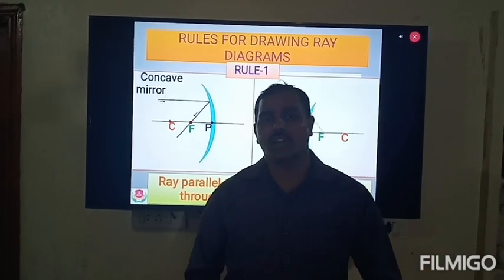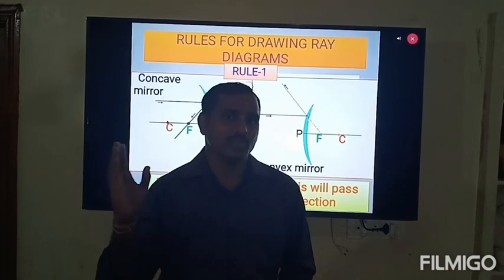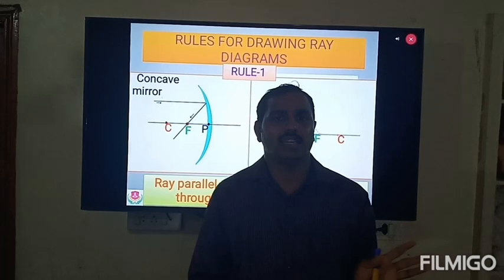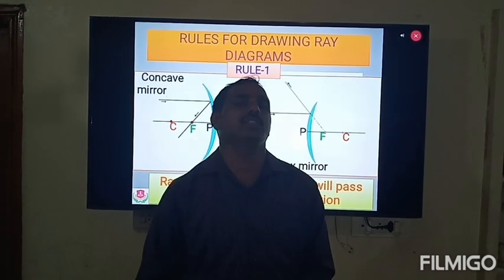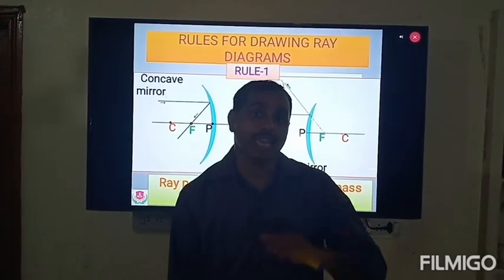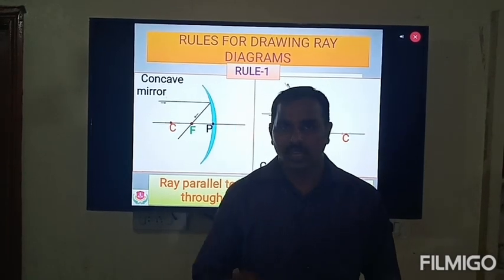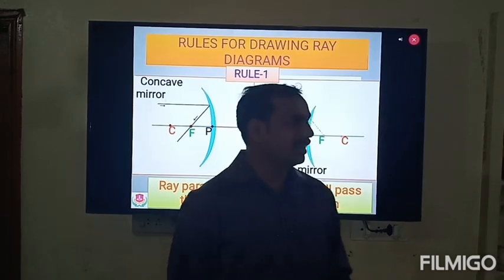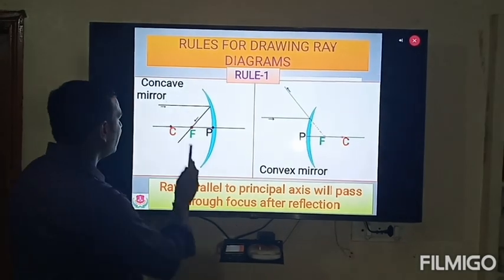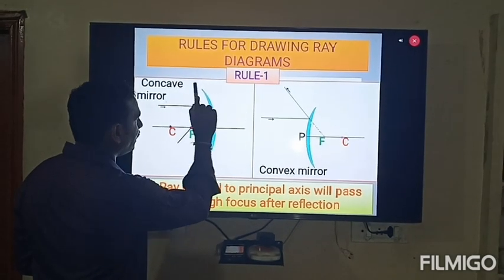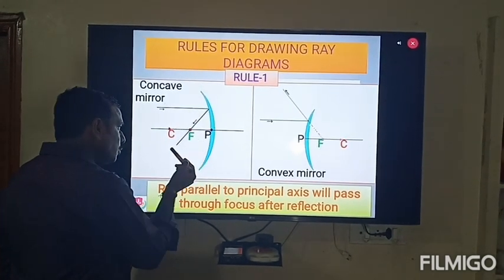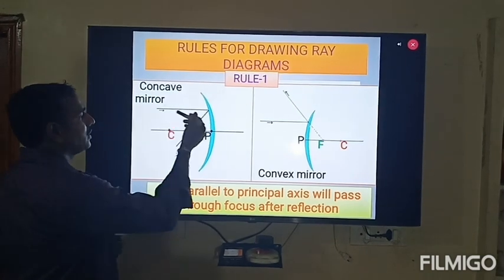In the case of convex mirror, the rays falling upon the surface diverge and appear to be diverging from a point on the principal axis behind the reflecting surface. That point we call the focal point. So from that we already learned this rule: the parallel ray falling upon the concave surface moves through the focus after reflection.